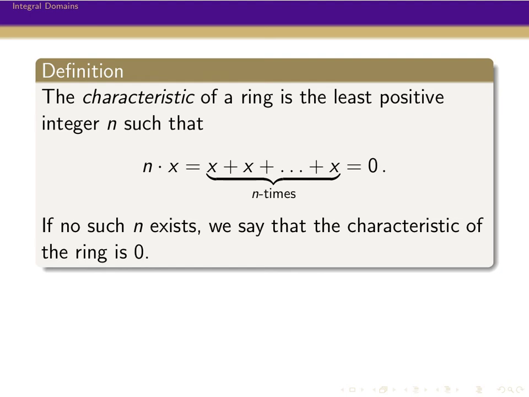A characteristic of a ring is the least positive integer n, if it exists, such that doing n times x, and so literally we mean adding x to itself n times, gives you 0. Now, if no such n exists, then we are going to say that the characteristic of the ring is 0. Okay, and so some examples of characteristic 0 rings.